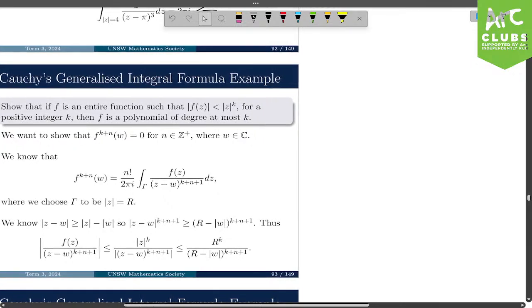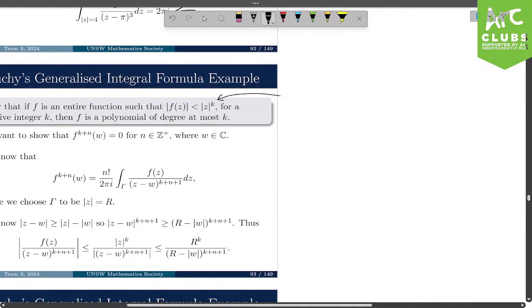So the trick with this is understanding what this means.